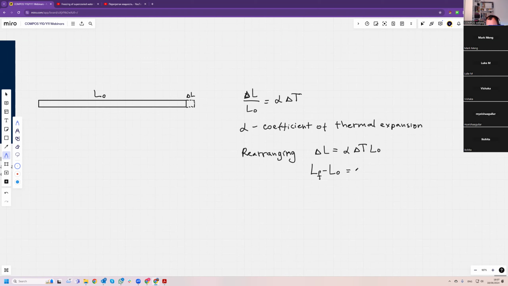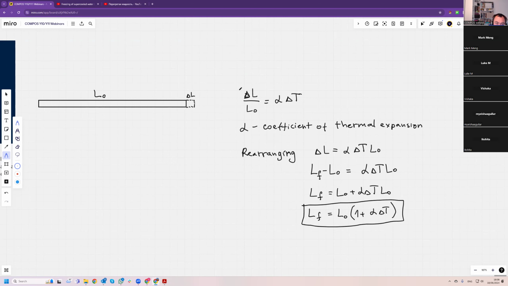Alpha delta T L0. And then the final length is equal to L0 plus alpha delta T L0. So the final length is the initial length multiplied by 1 plus alpha delta T, times the change in temperature. That's another formula. These formulas are equivalent.